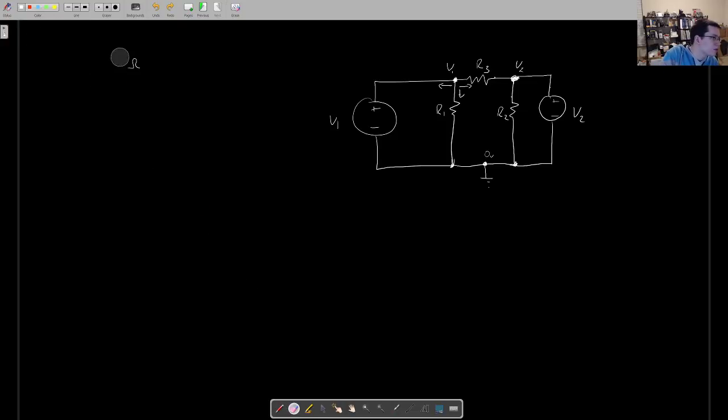I'll erase and start over with color-coded values and color-coded arrows. Measure the current going out, out, going out. Always make sure you're consistent with your arrow direction and your signs on your map.